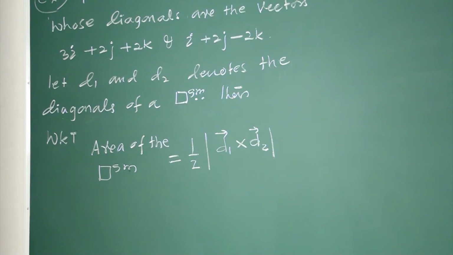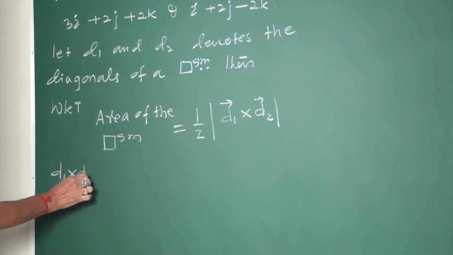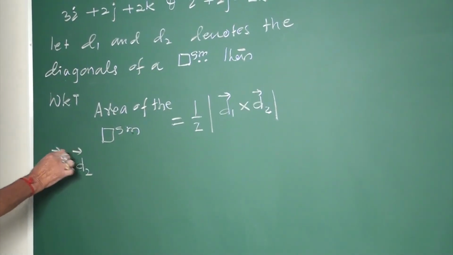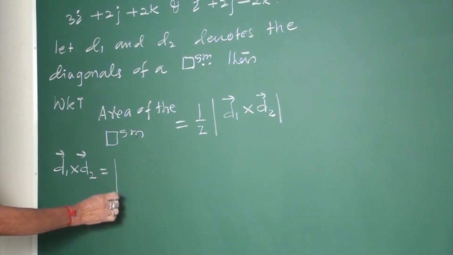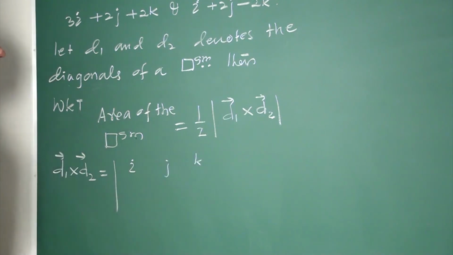Yes, friends, first you have to find this d1 cross d2. This is the determinant i, j, k.